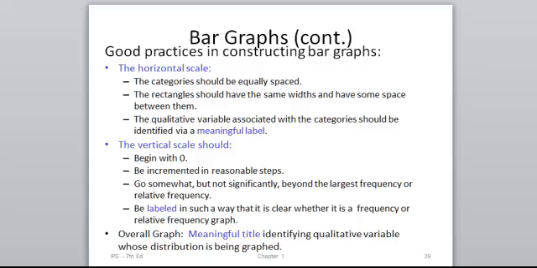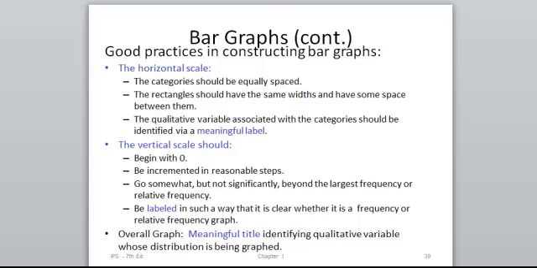Now the vertical scale should always begin with 0, and the increments should be reasonable. Go somewhat but not significantly beyond the largest frequency or relative frequency. And it should be labeled in such a way that it's clear whether it's a frequency bar graph or a relative frequency bar graph. And the overall graph should have a very meaningful title identifying the qualitative variable whose description is being graphed.